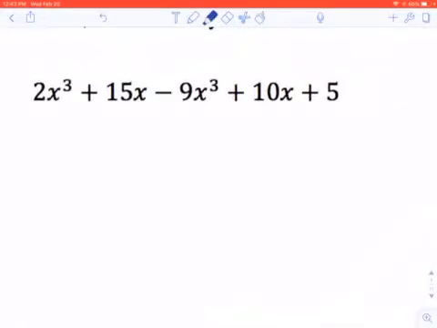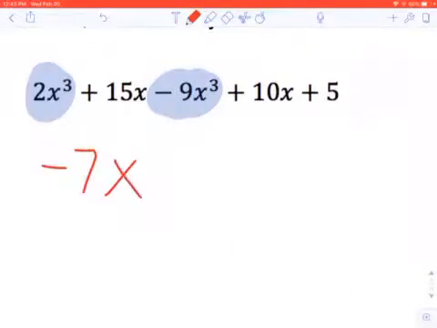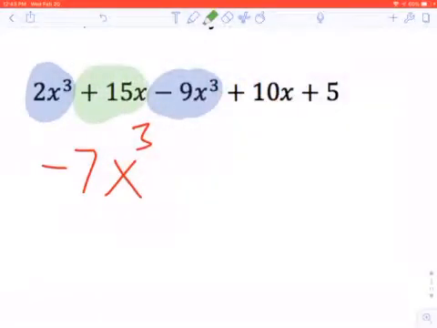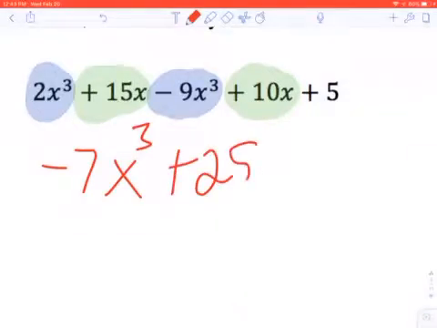Second one here is 5 terms. The highest power I see is to the third, but sure enough we have 2 of those terms, so 2 take away 9 would be negative 7. When combining like terms, you keep that power the same. So we've got plus 15x and plus 10x, so that's 25x, and then I bring down the plus 5.